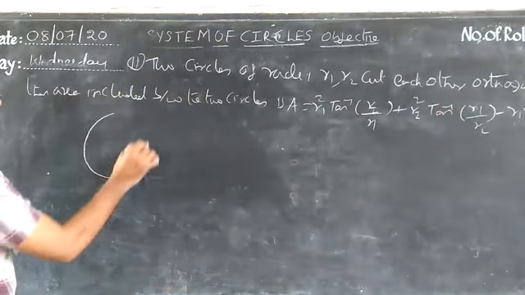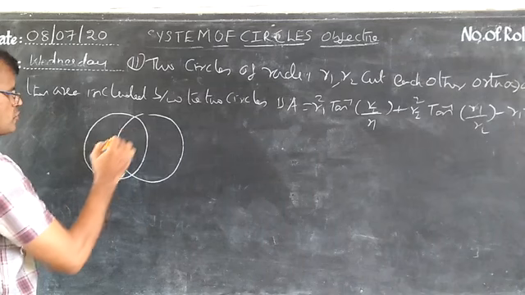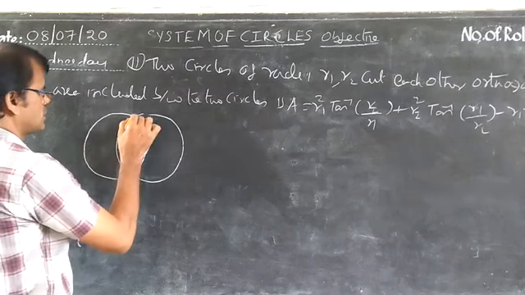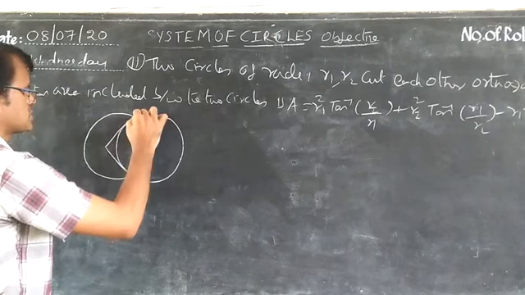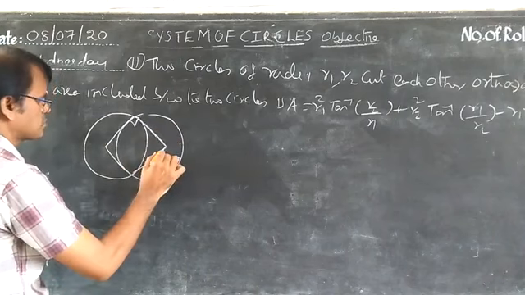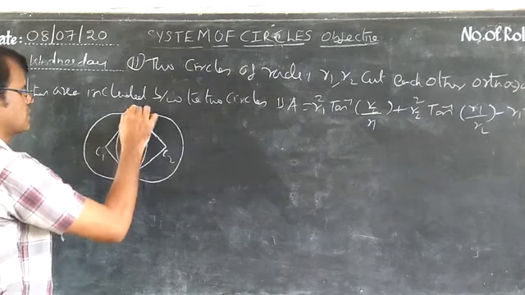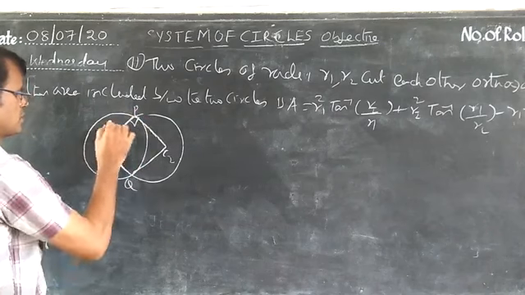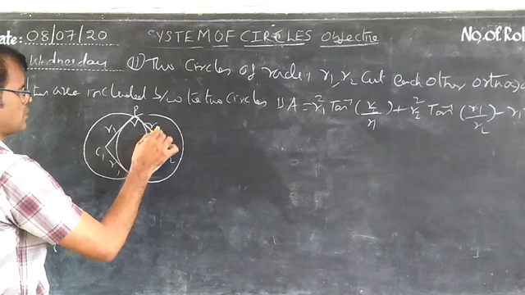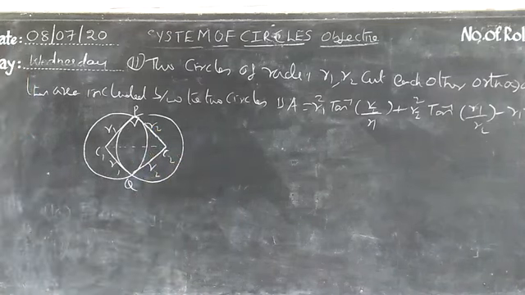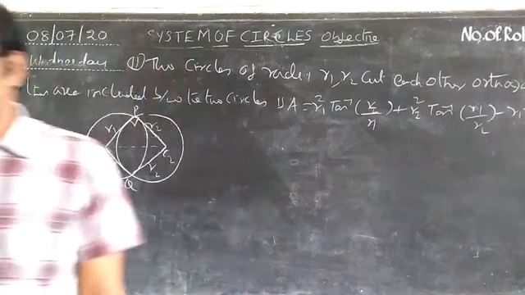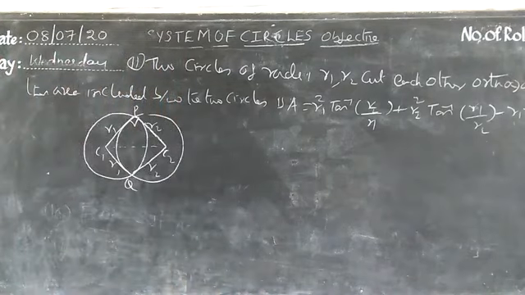If two circles intersect orthogonally like this, put 90 degrees here and draw like this. Put C1 and C2 here, with radii R1 and R2. The area depends on integration.